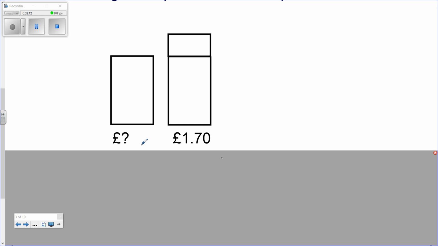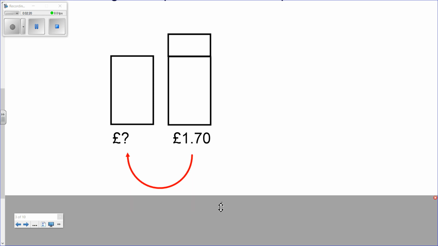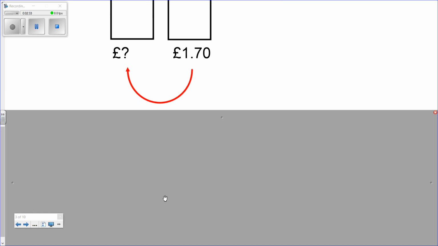We know that we've increased that bag by 30%, and we've got to £1.70. So what was that number to start with? Here you can see a little arrow, pointing backwards to the missing amount of money. So we're working backwards to find that missing amount of money, hence reverse percentages.